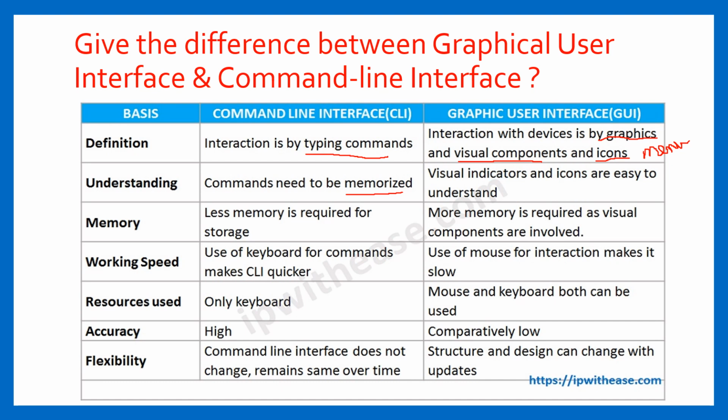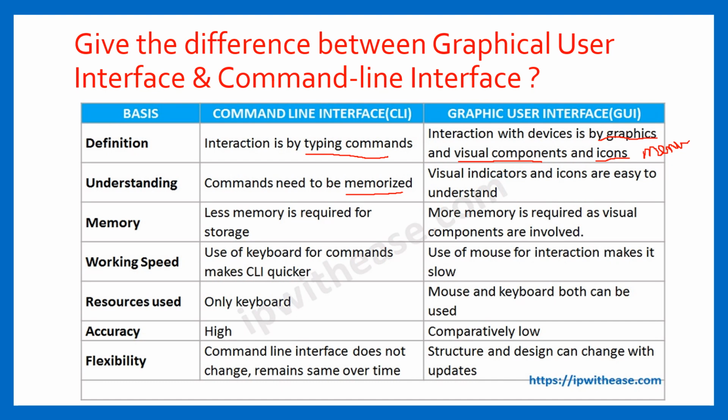Coming to the working speed, use a keyboard for commands. You need to definitely use the keyboard to type the commands. While coming to the graphical interface, use of mouse for interaction makes it slower.